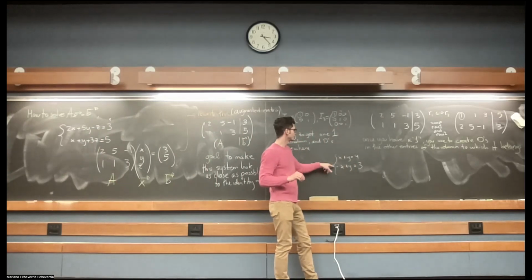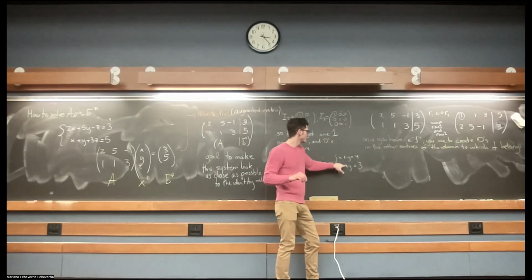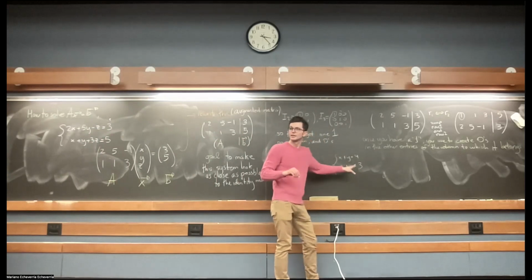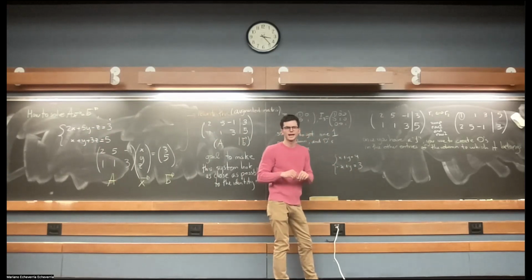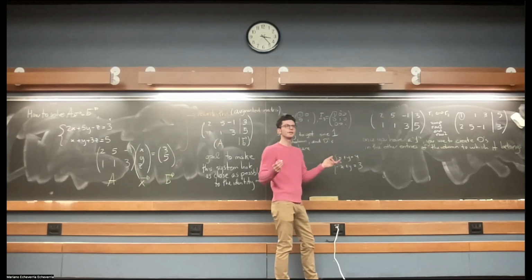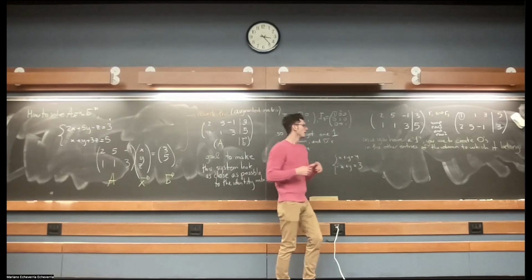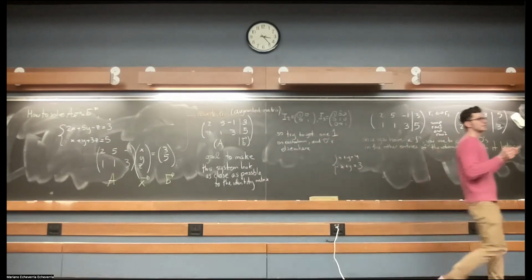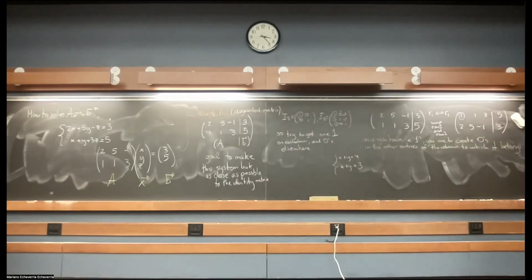One easy way to solve the system would have been to just add up the equations. When you add up the equations, you get 2y equals 7, and that already gives you y equals 7 halves. So when you are solving equations, you're allowed to add them up or subtract them. What we're going to do now is essentially the same, but instead of just adding or subtracting them, we are also allowed to multiply them first by a scalar, a number, before doing the addition.